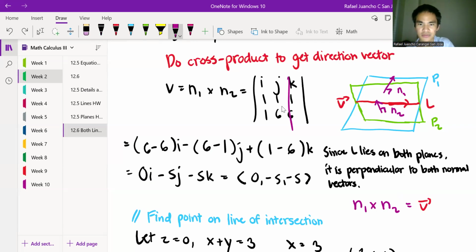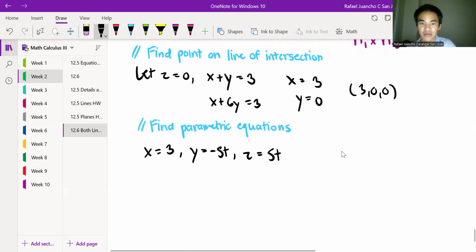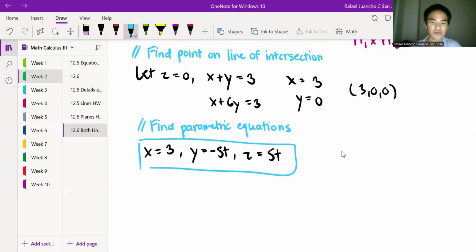I think this is the issue. 1 times. Oh, so it should be the other way. 6 minus 1. No, you got 5 here. Yeah. I can take this out. And then, yeah, I got 5t there. There, that's it. Oh, I'm going to use that.